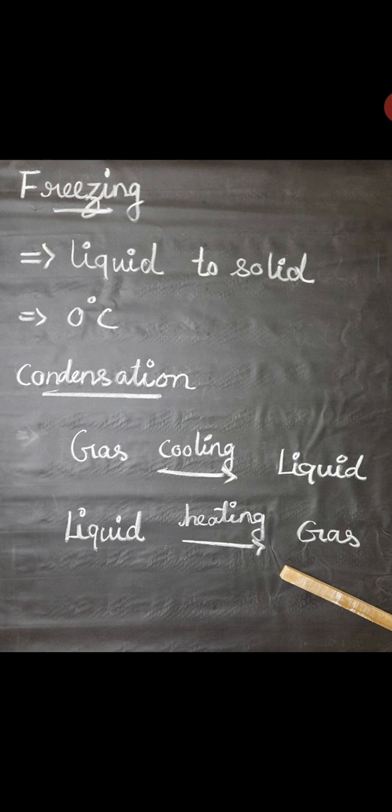So this is the process of condensation. Condensation is the conversion of gas into the liquid state. Here the liquid obtained after condensation can be converted back to gas by the heating process. So condensation is also a physical process.